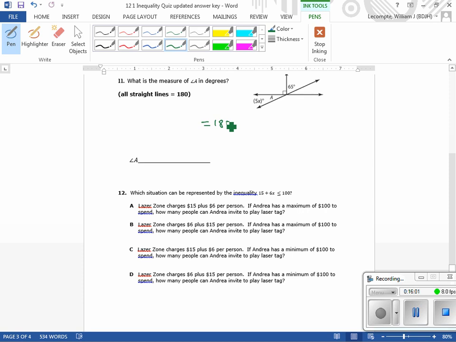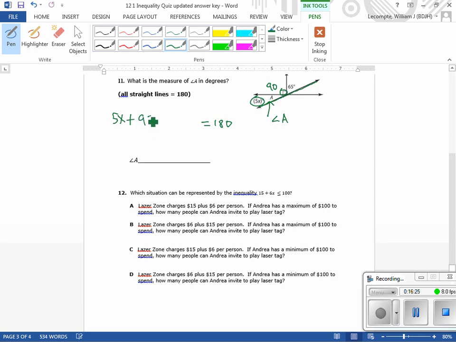And I have a 5x, which is right here, angle A, right? And then I have a 90-degree angle, so I'm going to add that together. And then the third angle is 65.